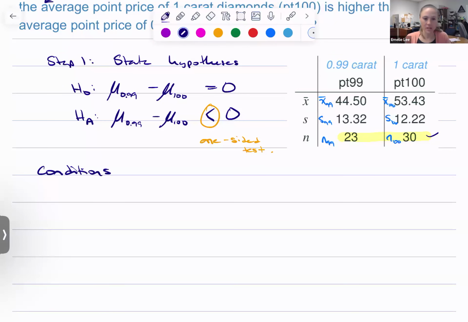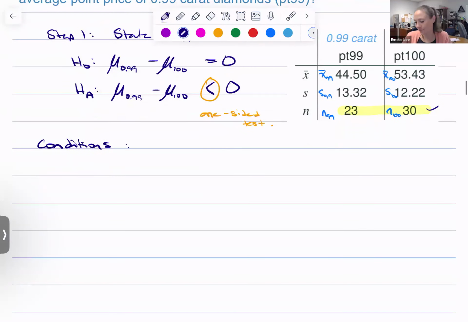I'll mention the conditions. I haven't talked about them, and that's just because they're the same as for the one sample means, and they're relatively simple compared to proportions. So, what are the conditions? Independence.